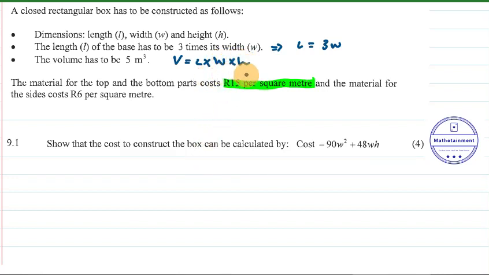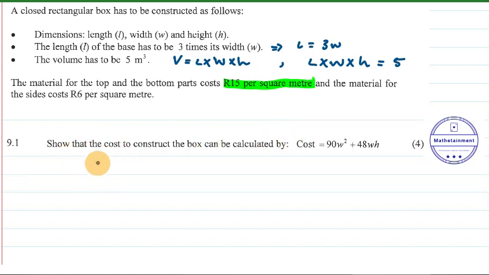So what we know at the moment is that L times W times H is equal to 5. This is the information that we go with directly to the question that is being given to us.